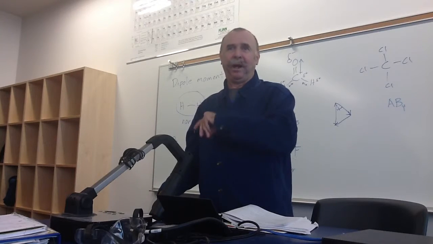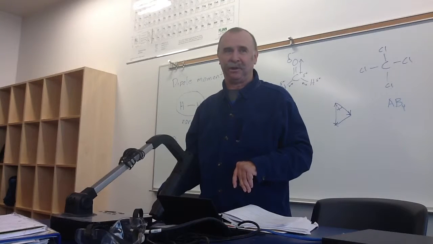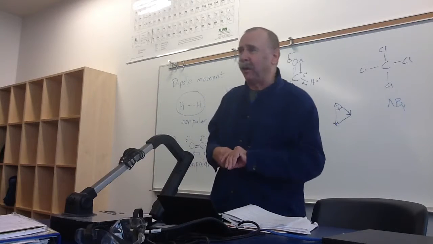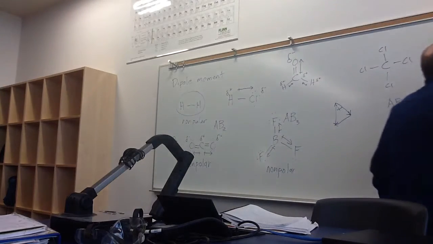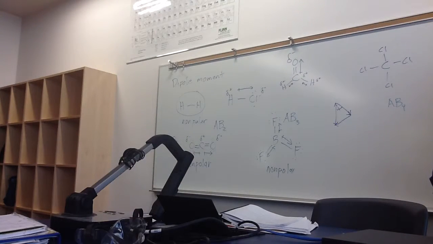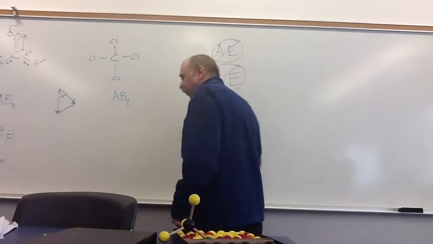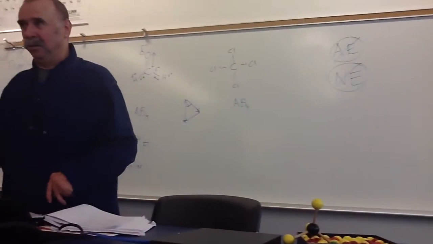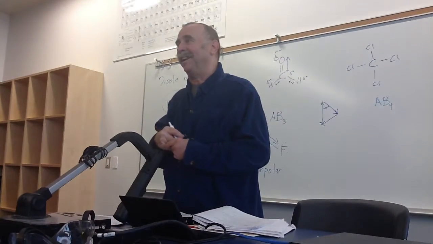But if you like the way I taught how to do Lewis dot structures in class, you can use that method. You don't have to learn their method, which means AE and NE we're going to ignore. If you love their method of doing Lewis dot structures, you can fill that out. But most people won't be using that part of it unless you've already done it.